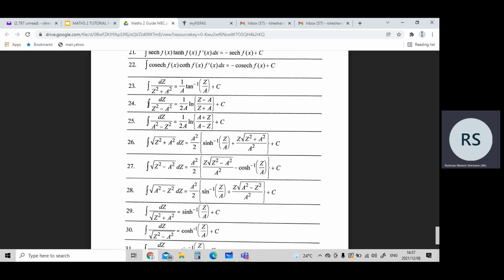So you see this is standard integral number 24, all right? If you're integrating 1 over z squared minus a squared dz, it is equal to 1 over 2a ln of z minus a over z plus a, plus c. Always after integrating, you need to put plus c.